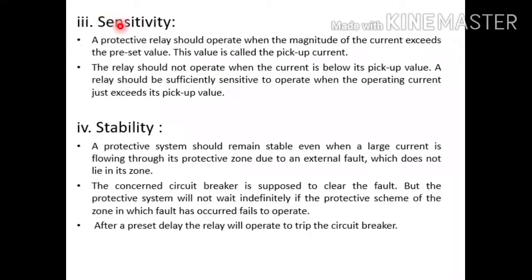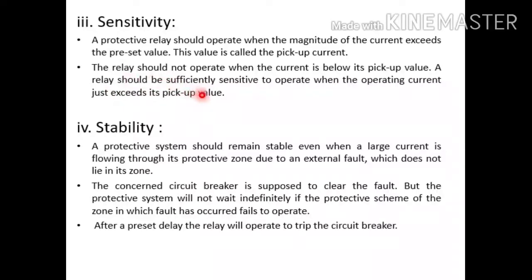The third one is sensitivity. A relay should operate when the magnitude of the current exceeds its preset value, that is the pickup current, which we have discussed. This is the current at which the relay is going to operate. The relay should not operate when the current is below its pickup value.